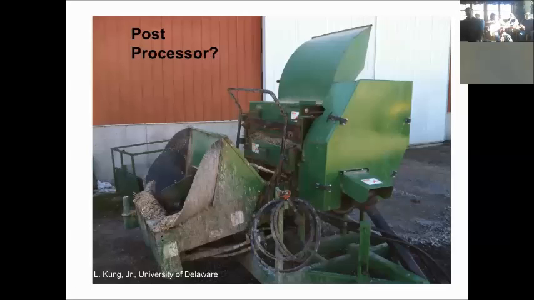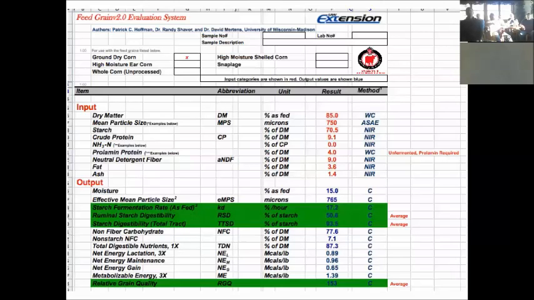For those of you that are looking at high moisture corn, one of the things that is available to you is the feed grain evaluation system coming from UW-Madison, where you can put in a lot of different aspects of your corn, high moisture corn, and actually come up with ruminal starch digestibility, total starch indexes, fermentation rates, etc., that can be used in various models.